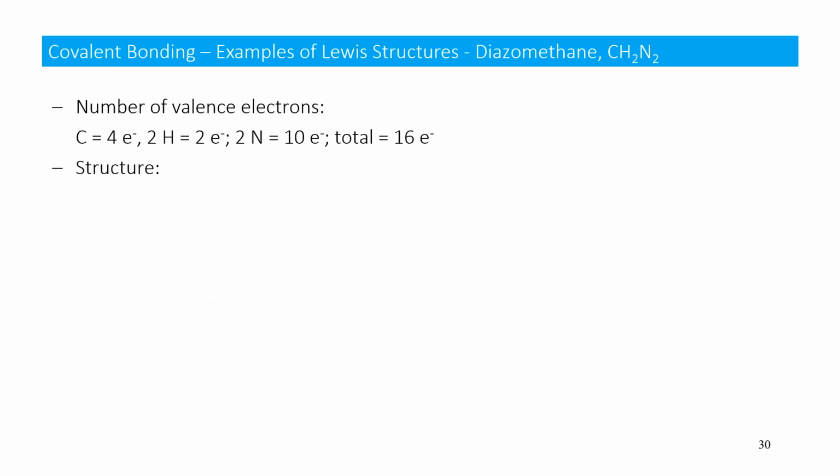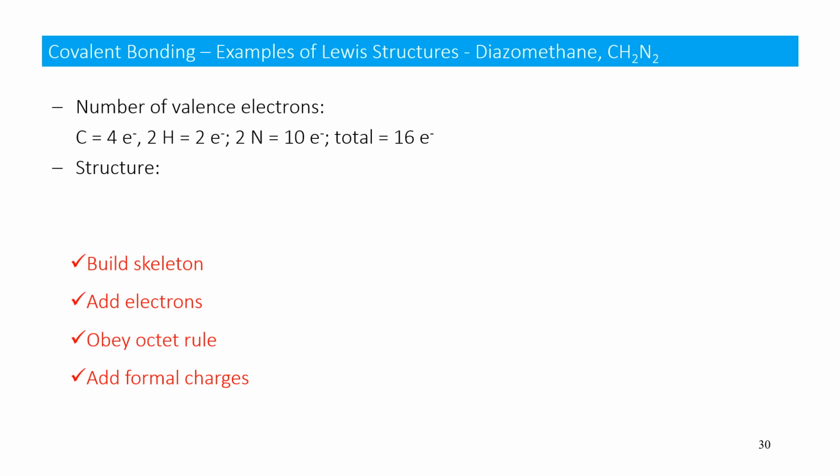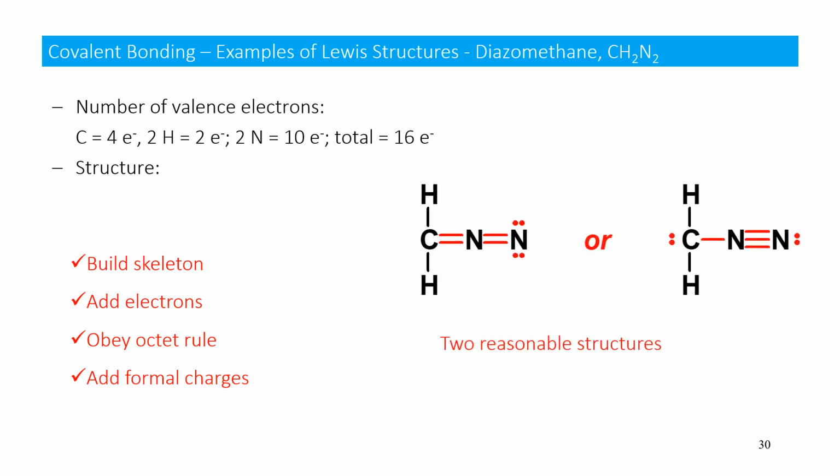So herein, we can look at diazomethane. And note, with diazomethane, the total number of valence electrons is 16. And remember our rules. We draw the skeleton, add electrons, followed by obeying the octet rule. And we'll notice that we have two reasonable Lewis structures.